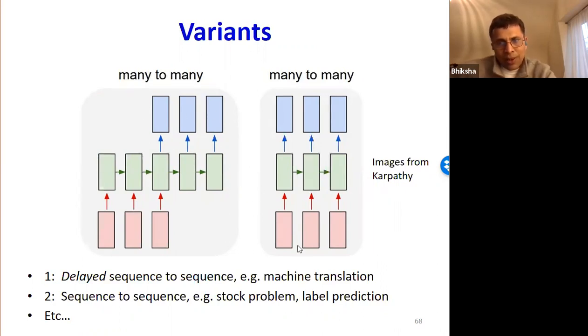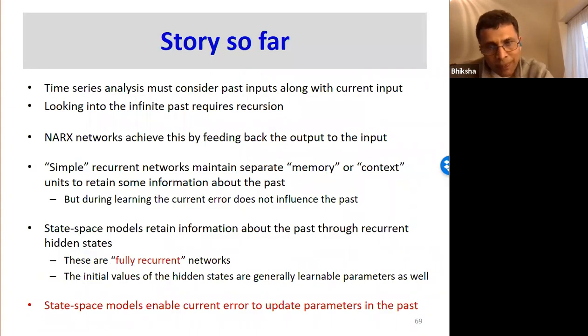And then, of course, you can have the regular many-to-many model where at each time you get an input and produce an output. So this is what we did for stock prediction, for instance. And this model over here is in some sense the most generic of all of the models we've seen. So in the rest of today's class and in future lectures, I'll continue to assume this final model.